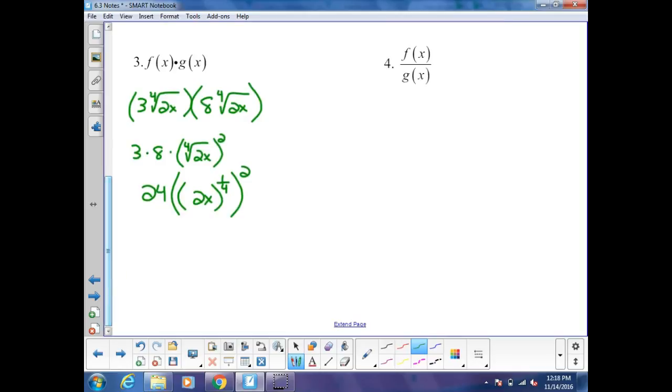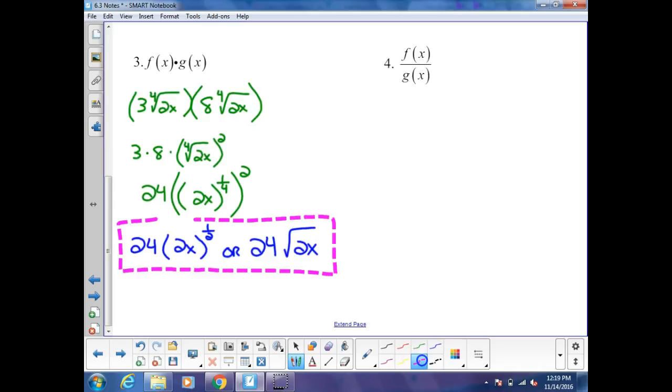So this is really, actually, here, we'll write it like this, 24 times 2x to the 1/2 power, or 24 times the square root of 2x. Rules of exponents, unfortunately, never go away.